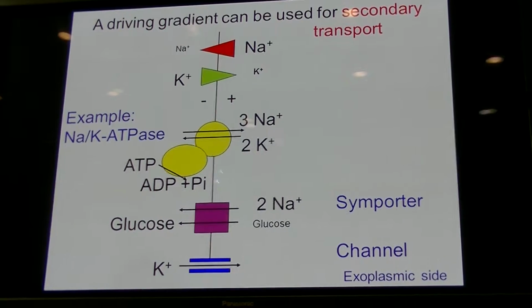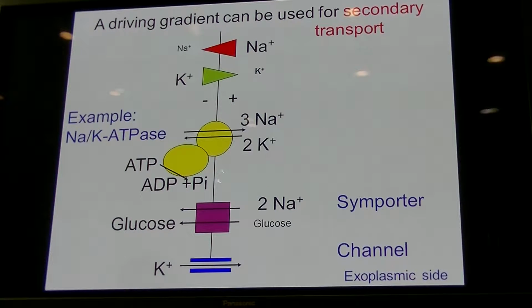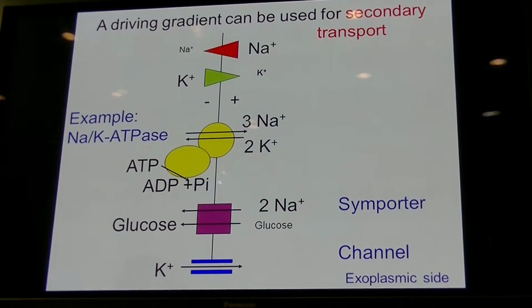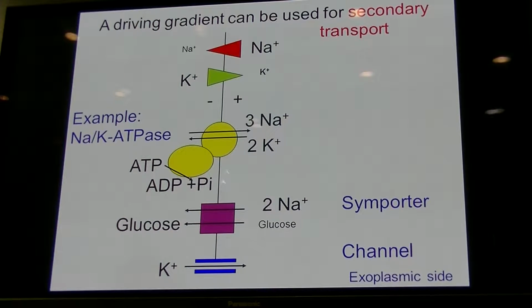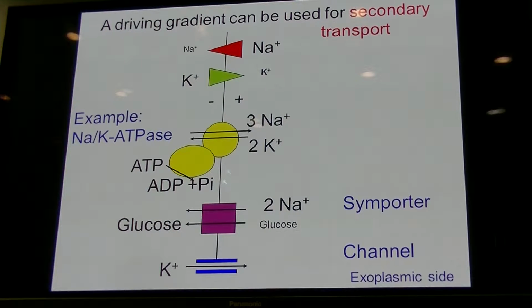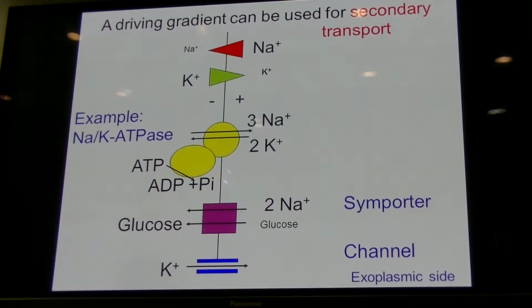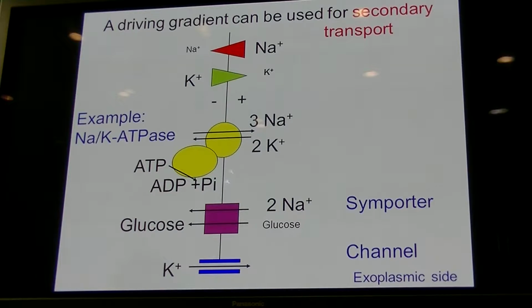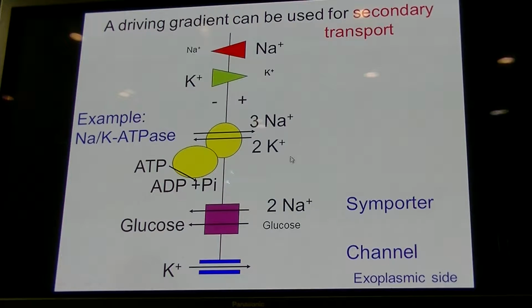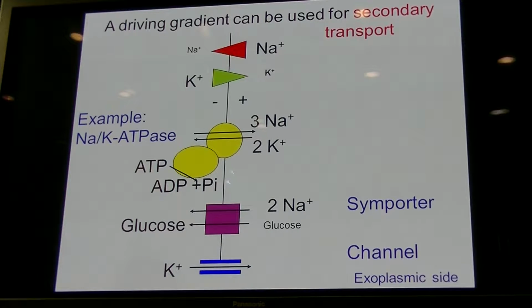So we are looking at transport systems. What I mean with transport systems is how different transporters are put together in a system in the cell so that it works. We've seen that in mammalian cell membranes, that includes our cells, this sodium potassium transporter is incredibly important.